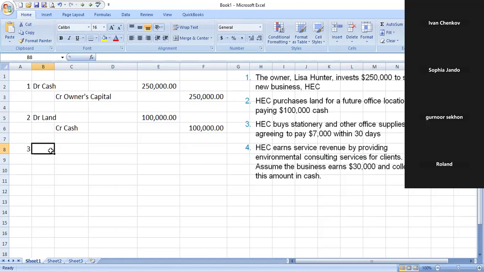Let's call it office supplies for simplicity. Yeah, we can call it stationery. When you see transactions like this, if you put debit stationery, I'm going to accept that as a correct answer. If you go with office supplies, I'm also going to accept it as a correct answer. So debit office supplies.